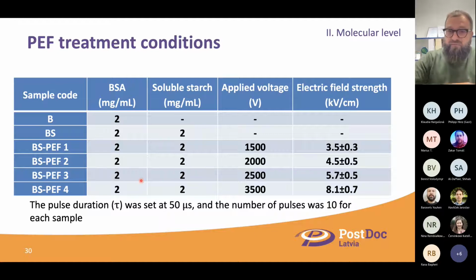Still, I really want to emphasize that we used quite mild treatment conditions.